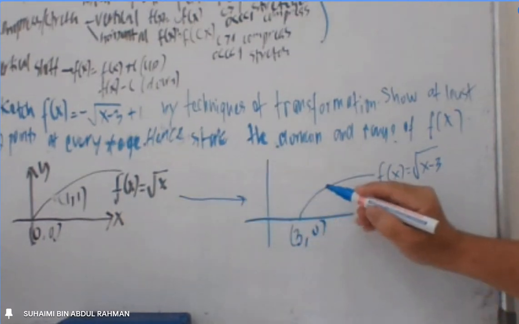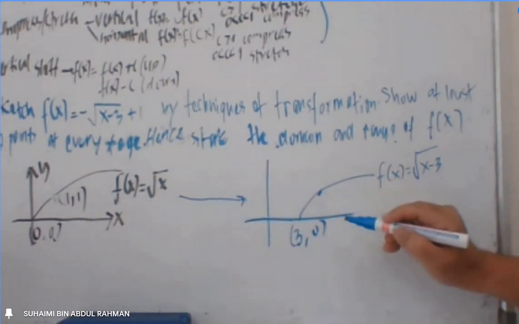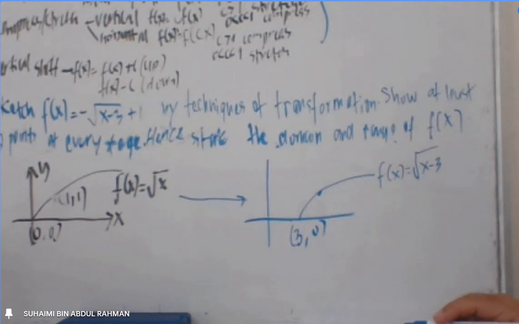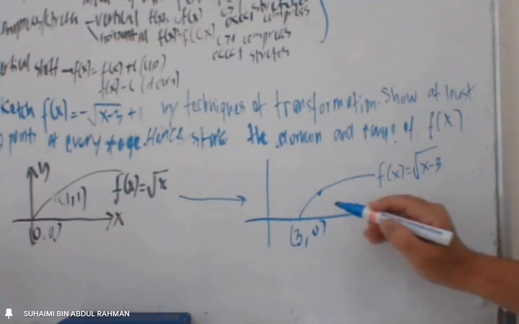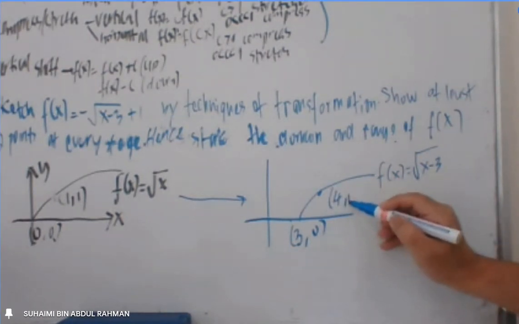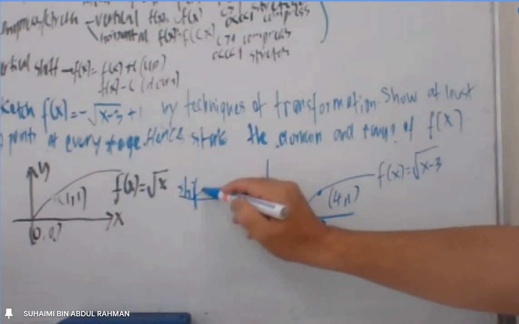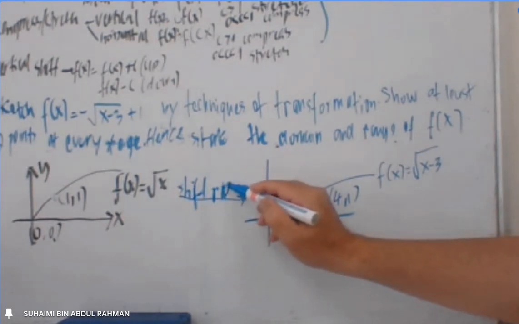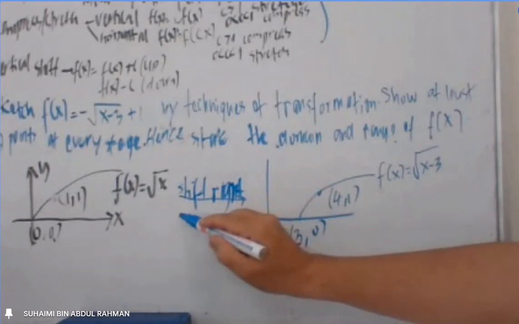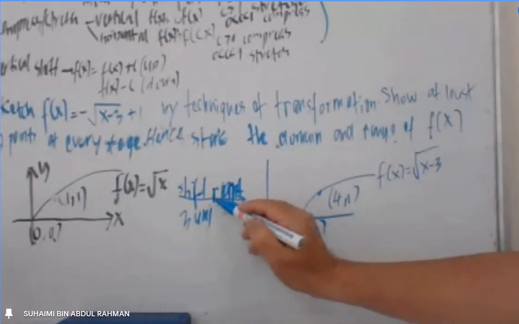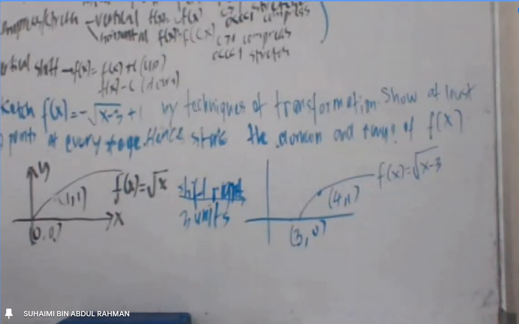And the point 1, 1 will go to the point 4, 1. Shift right 3 units.